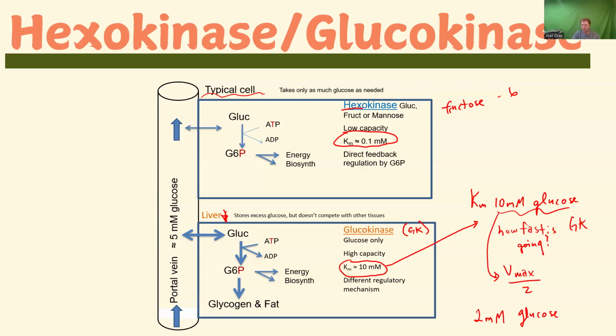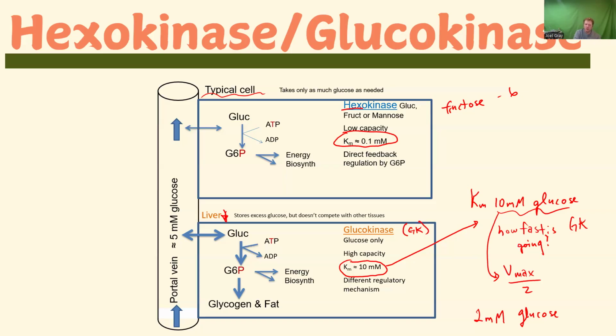Just the numbers. Yeah, it's smaller. Okay. So you already know glucokinase needs 10 millimolar. If you give it 2 millimolar, is it going to go faster or slower than if you gave it 10 millimolar? Give an F for faster and S for slower. It's going to go slower. It's going to say, I need 10 millimolar and you're offering me 5 millimolar? Get a life, man. No, thank you.